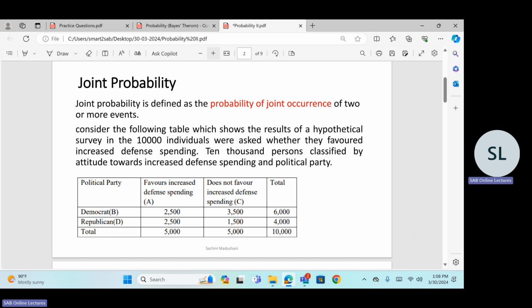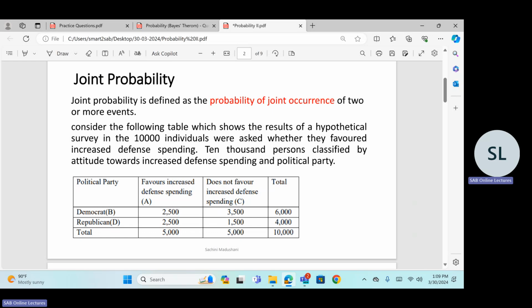How many of them are Democrats and favor increased defense spending? These two events now. How many of them? 2,500, out of 10,000. Understood? That is what we call the joint probability.